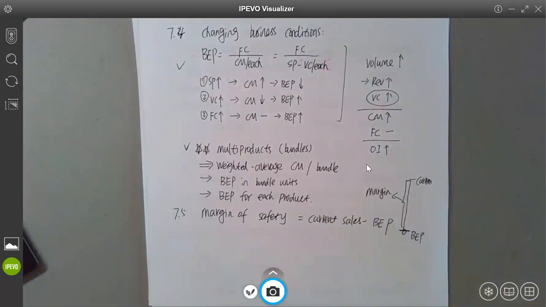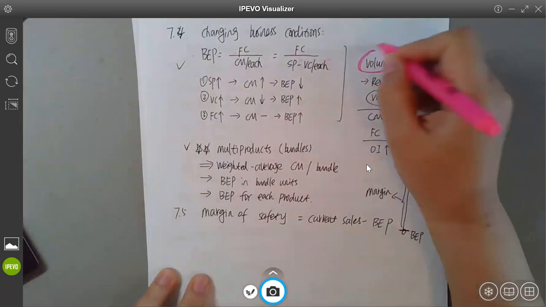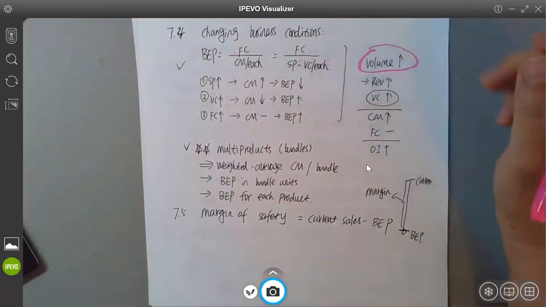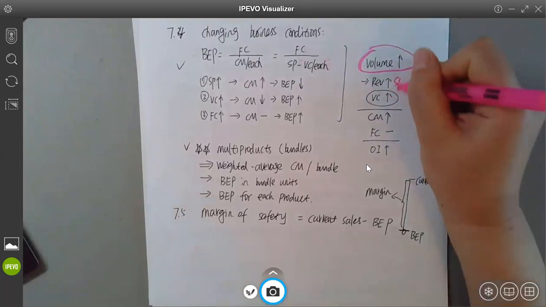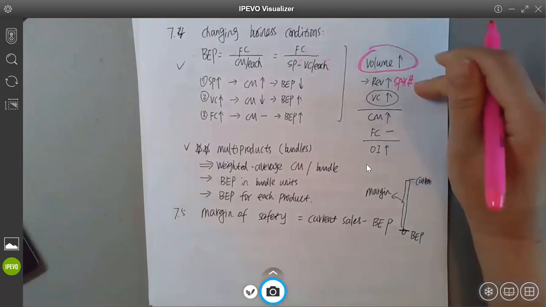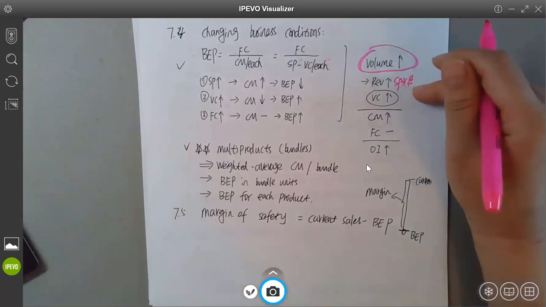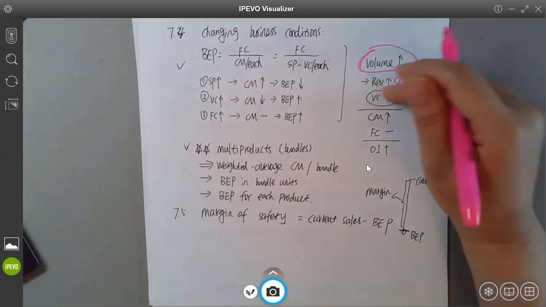Because of some reason, your product is getting better, so your volume increases. You used to sell 100 units, now you sell 120 units. Volume increased by 20%. If your volume increases, your revenue will increase because revenue is the selling price times your units. Your units increase, revenue will increase.